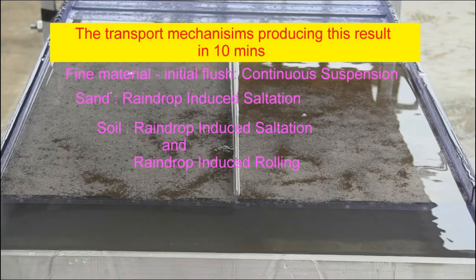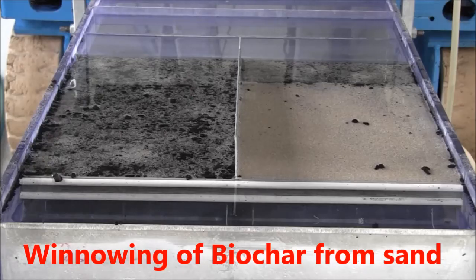And basically we've shown you three different transport mechanisms: flow driven suspension, and then you've got raindrop driven saltation and raindrop driven rolling. In this situation we have biochar mixed with sand on the left hand side and at the back on the right hand side.